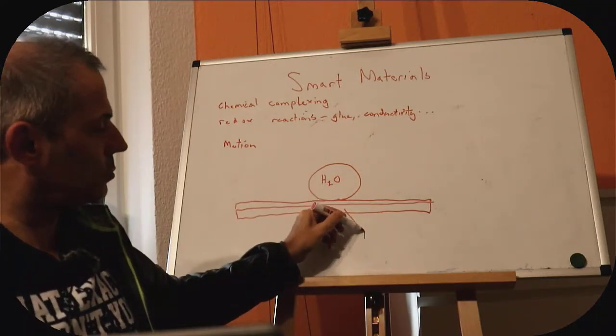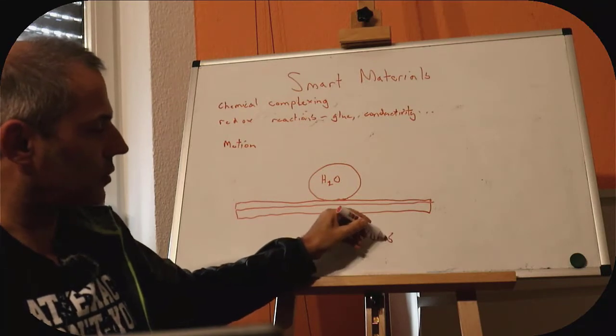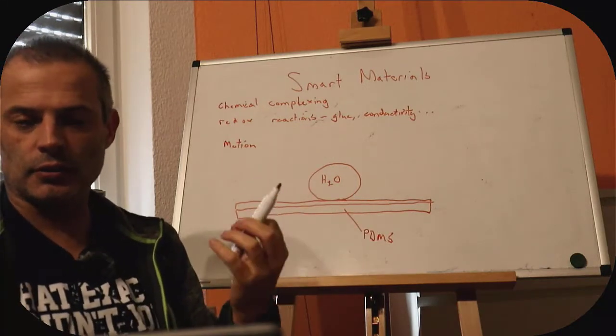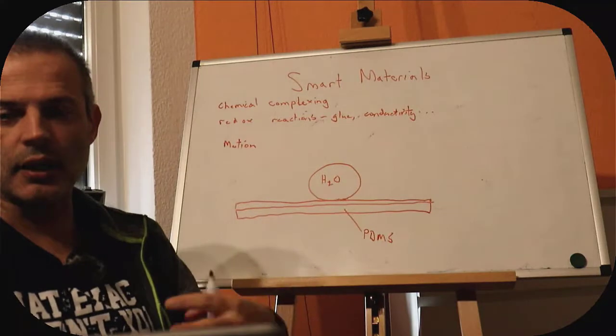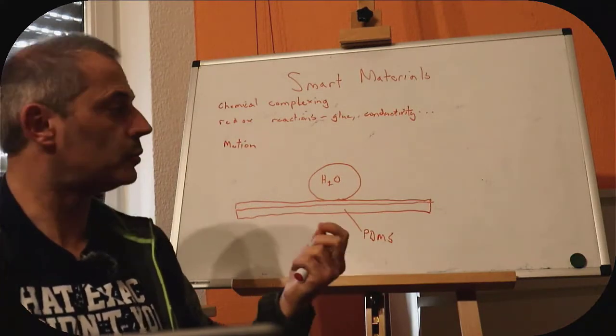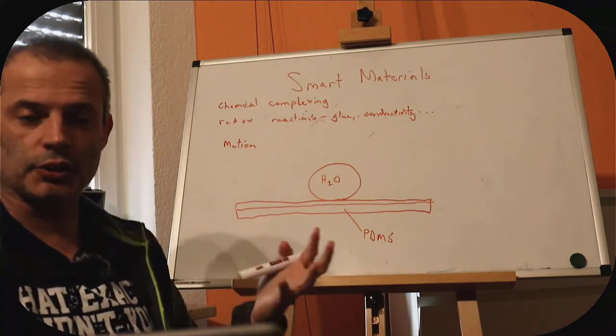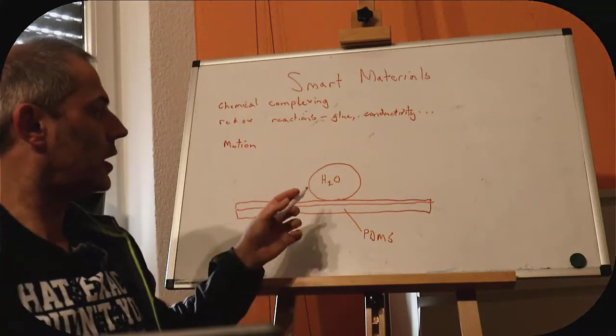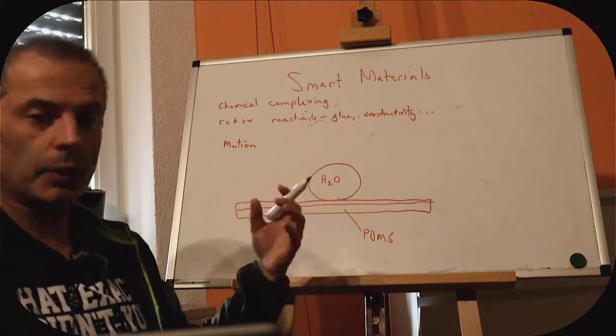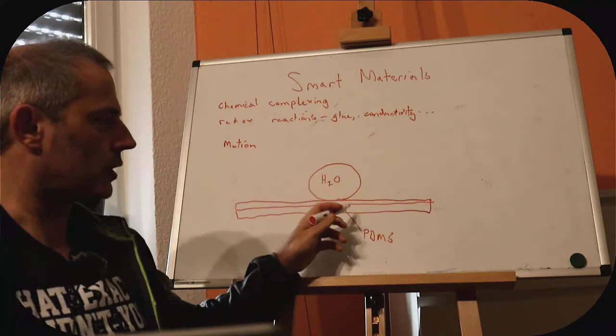Let's make this PDMS, which is a type of rubbery solid which we can make in a thin layer, and it's very soft and flexible, so we can change its shape. That's what I'm interested in. And it is also hydrophobic, it repels water, so if we put water on it, it would sit like that.